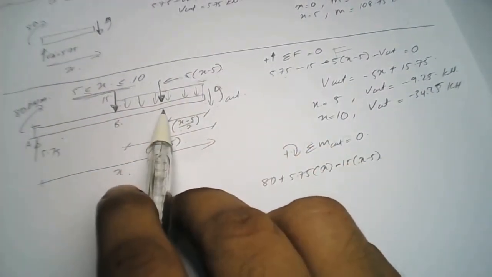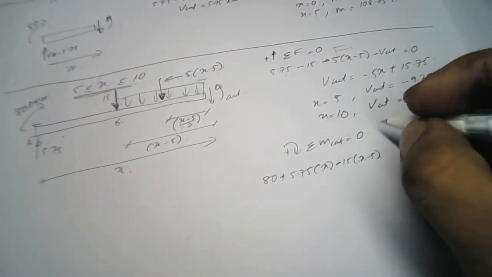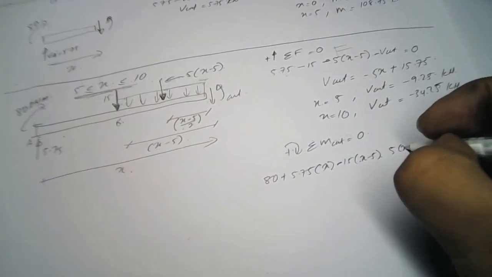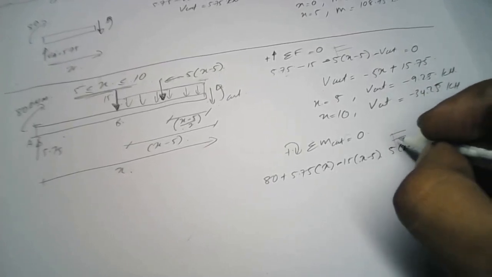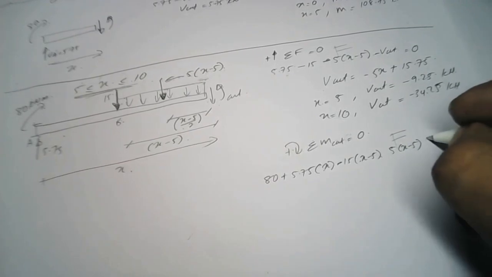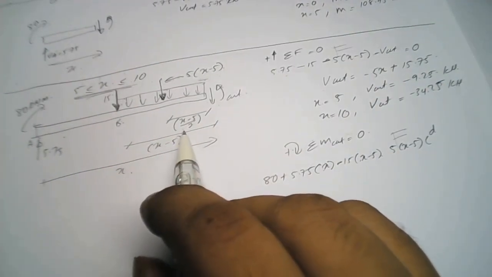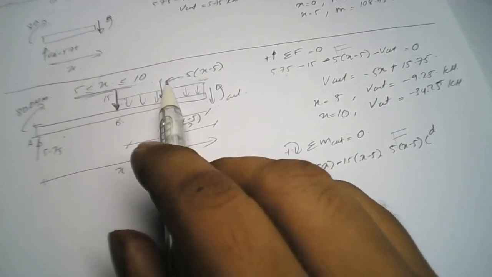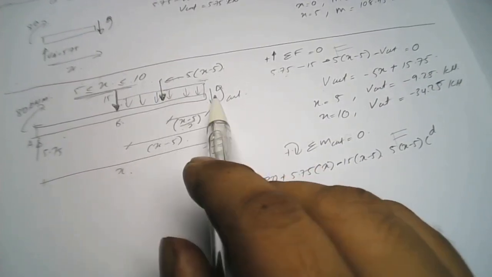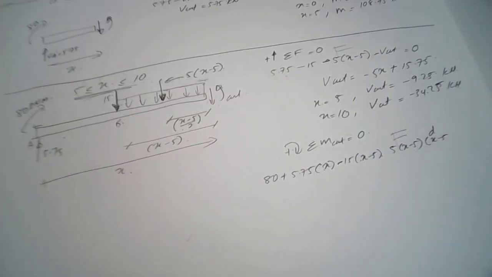For the representative force here, we have 5 times (x minus 5), multiplied by the distance (x minus 5) over 2 from the representative force to the cut point.